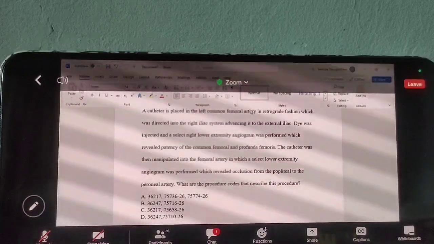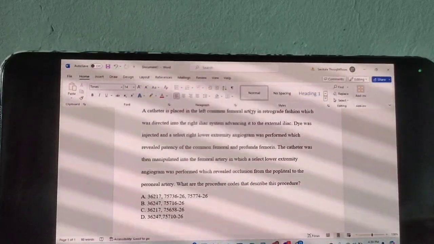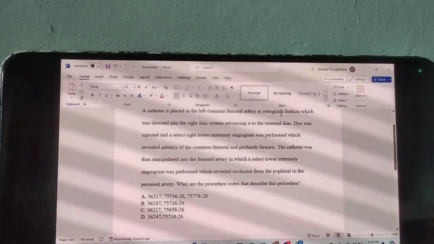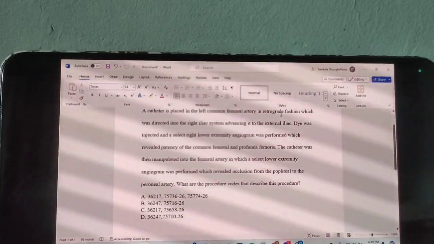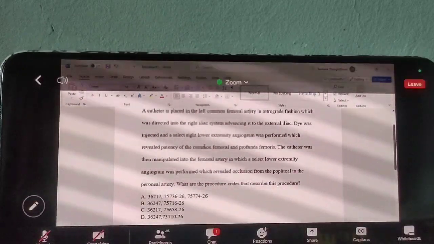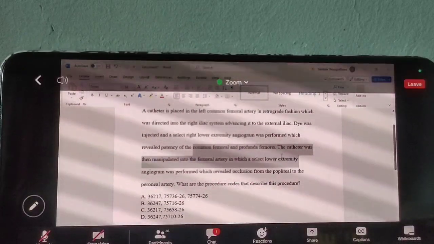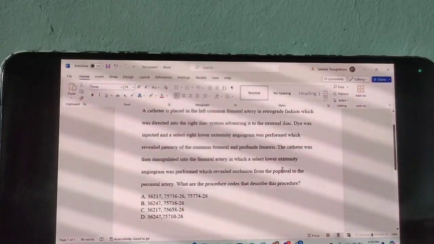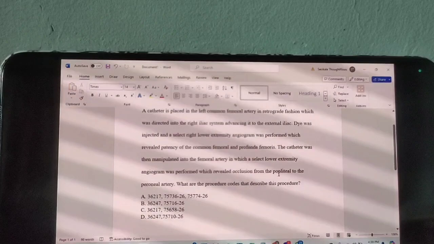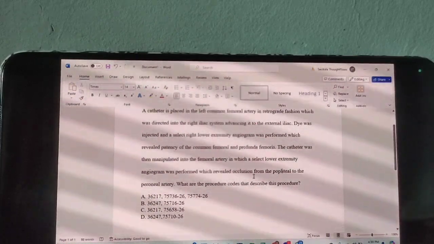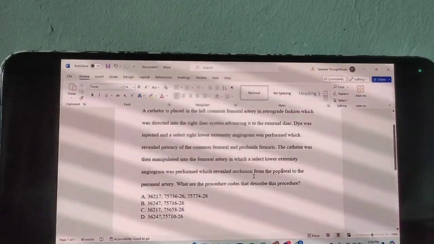Beyond that, they finally reached the popliteal artery, and in that location they take one more angiogram. So, should we use the initiation point or the end point here, ma'am?